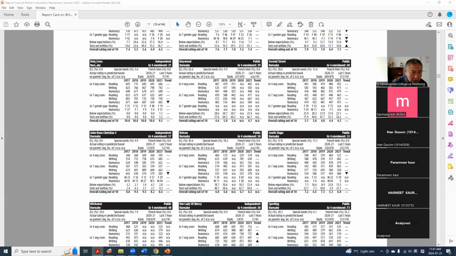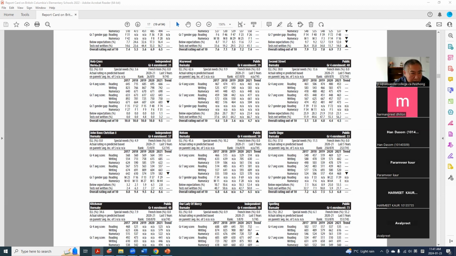Here, first of all, you have a school name. How many different schools did they study? They studied all the schools in BC. Altogether, they studied 878 schools, and each school got a rank. So top is number 1.